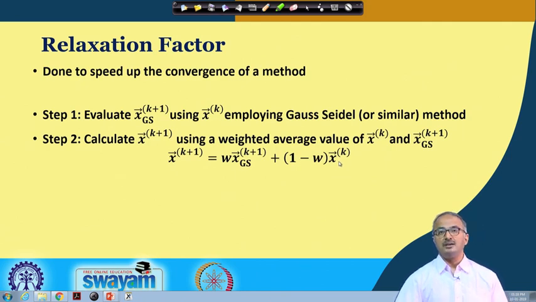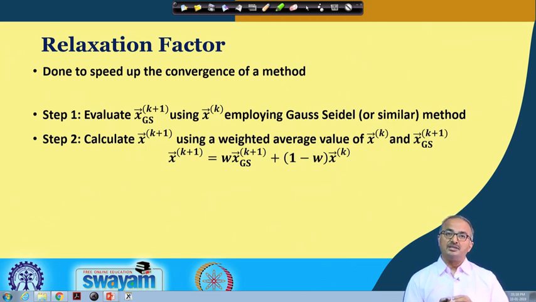Now you see that depending on the value of W, we can have over relaxation or under relaxation. Over relaxation means generally if we take the correction factor more than 1. And if we take the correction factor less than 1, then we say we are going for under relaxation.